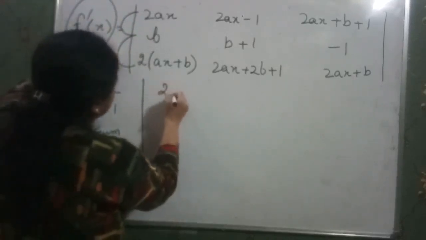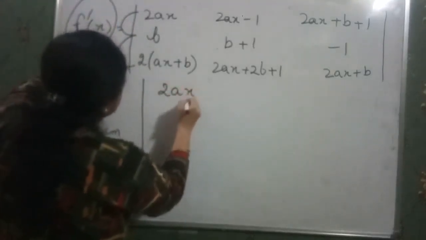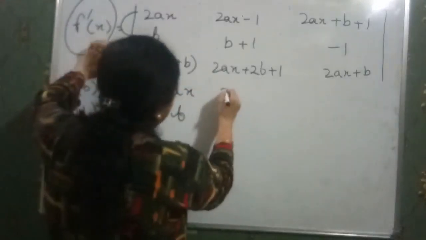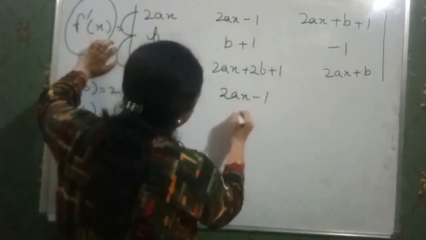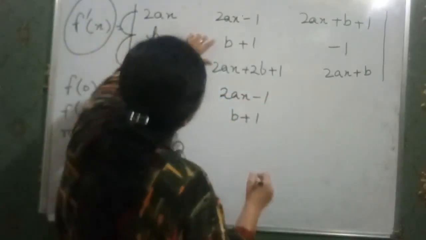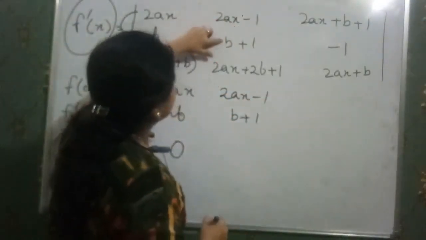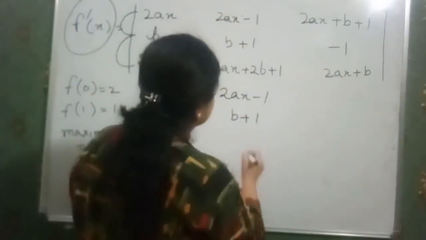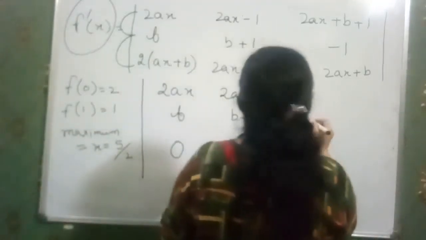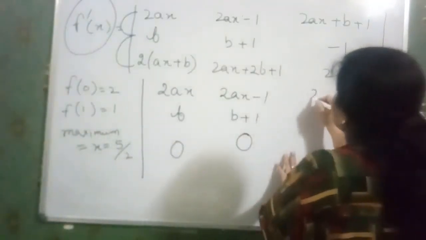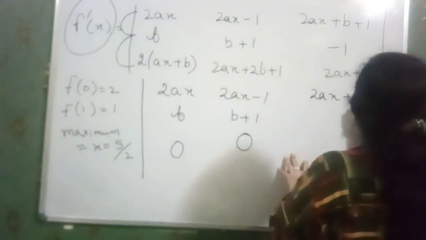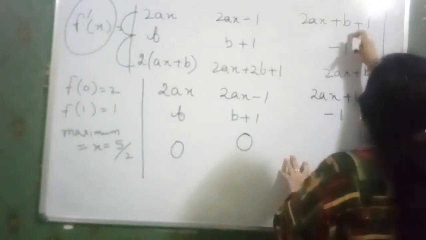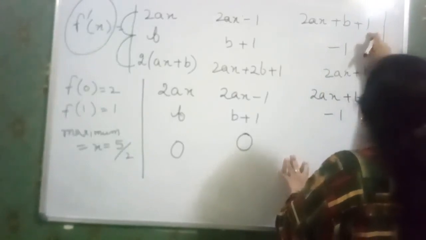So we have 2ax and b, and it is 0. Clear? In the same way, 2ax minus 1, b plus 1. When we add both of them after multiplying with 2, and here it is also 2, 1, 1, that means it is 0. And here I have 2ax plus b plus 1 minus 1, 2ax plus b minus 2 plus 1.